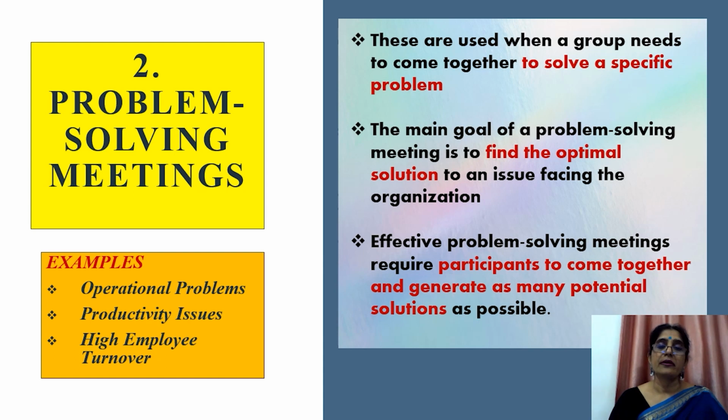Suppose कोई एक दिक्कत आई है जरूरी कंपनी के अंदर और किसी ऑफिस के अंदर, उस पर्टिकुलर प्रॉब्लम को डिस्कस करने के लिए ये मीटिंग बुलाई जाती है, और इन मीटिंग्स में सबके साथ डिस्कस करके उसका एक सॉल्यूशन निकाला जाता है। जो इशू फेस कर रहा है ऑर्गेनाइजेशन या कंपनी या कोई बिजनेस, उसको सॉल्व करने के लिए इस तरह की मीटिंग बुलाई जाती है। And these meetings are effective meetings because they require participants to come together and generate some potential solutions.